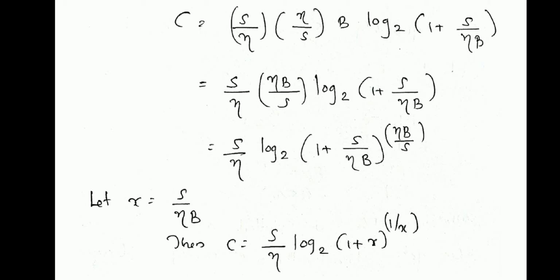In this, S by eta we can take as one term, and eta B by S we consider together. So you will get S by eta into eta B by S log of 1 plus S by eta B. We know that A into log B is log of B raised to A. So we can write this as S by eta into log of 1 plus S by eta B raised to eta B by S. Then we can replace S by eta B as x.